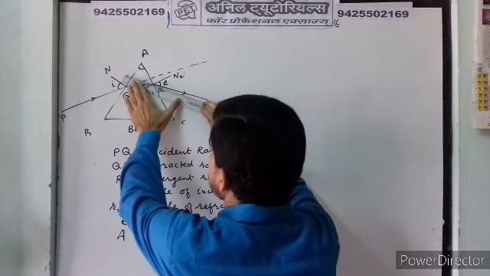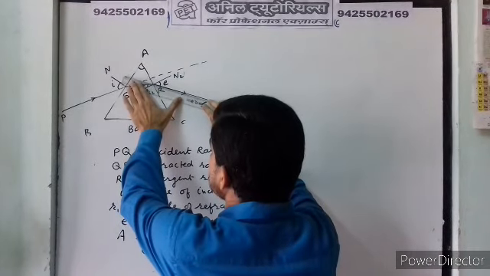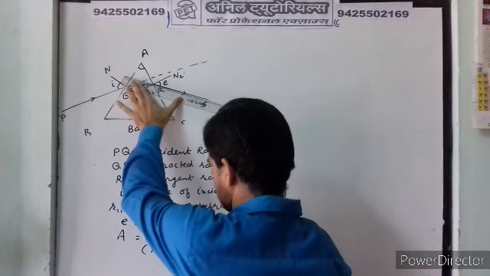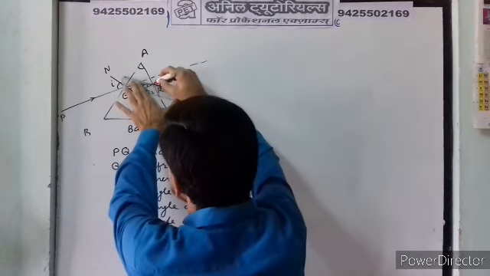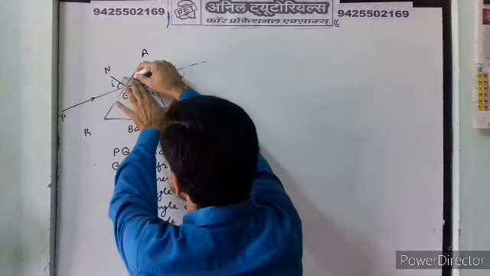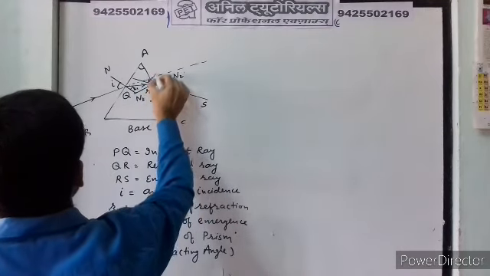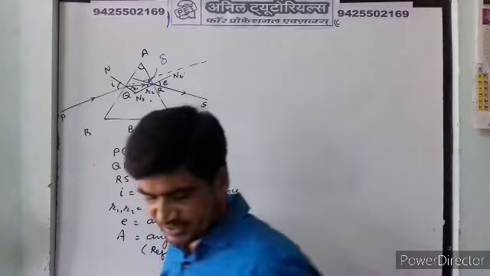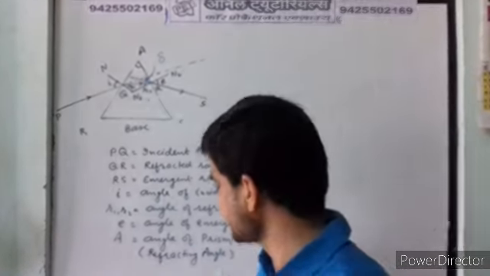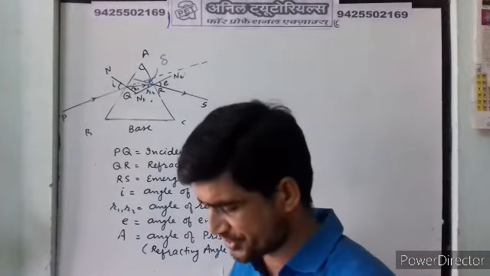When we trace its path back, you will observe there is one angle. Just see here. This is the angle. It is shown by the Greek letter delta. Delta is called the angle of deviation.